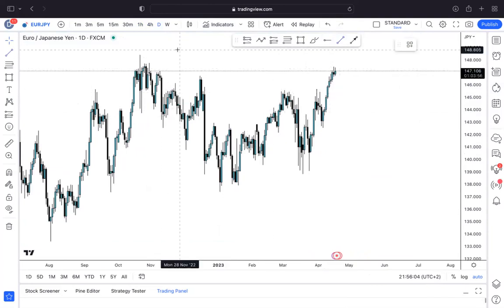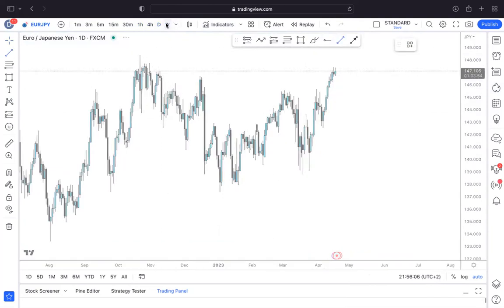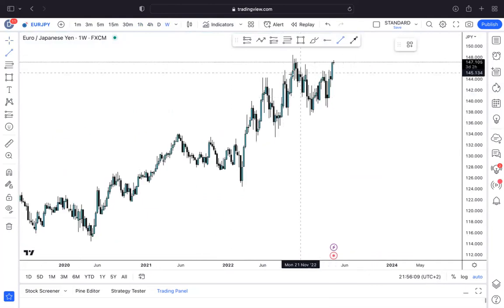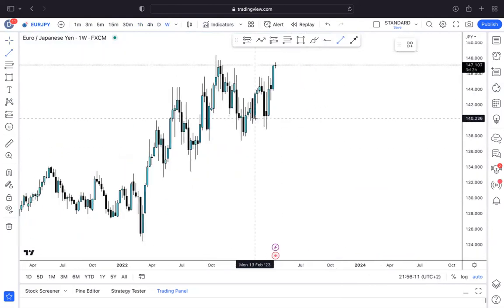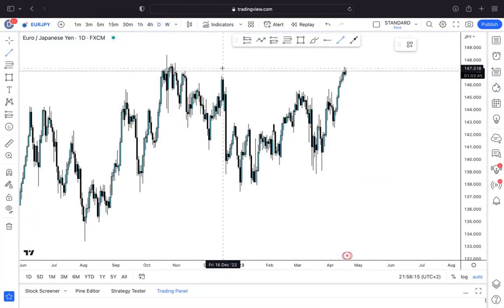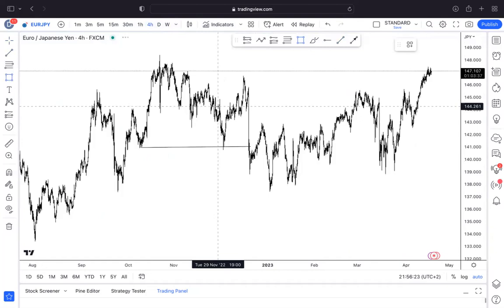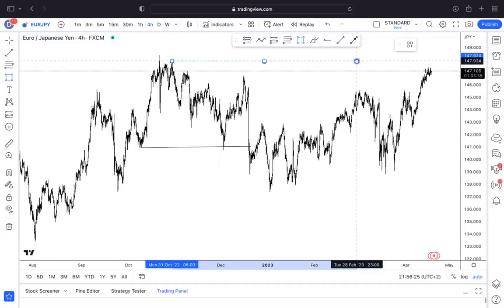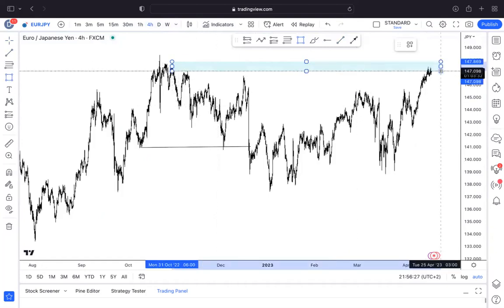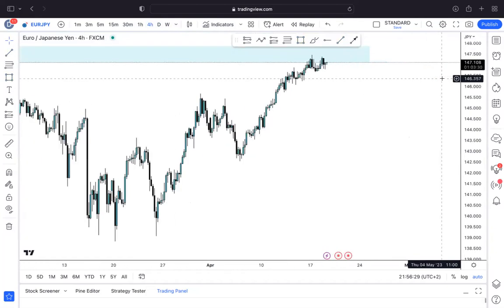Okay, so Euro Japanese yen is kind of the same as Swiss franc, you see? We are bullish, but we're failing to break that high. It's not breaking the high there. I would say high, low, break of structure, and then I jump on the 4 hour, and then we're reacting off this here. 50% filled.